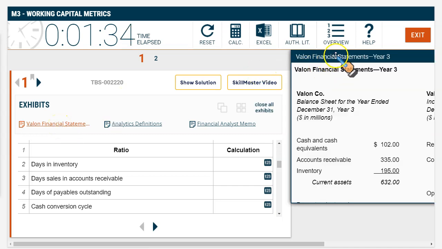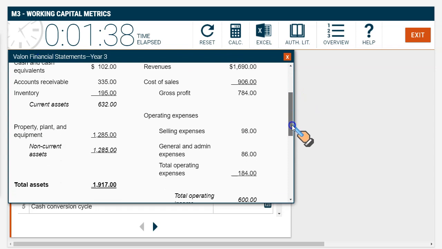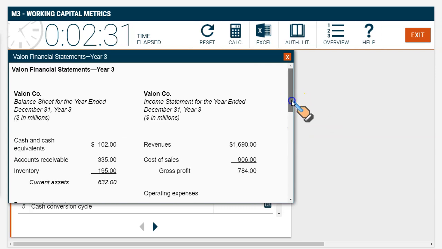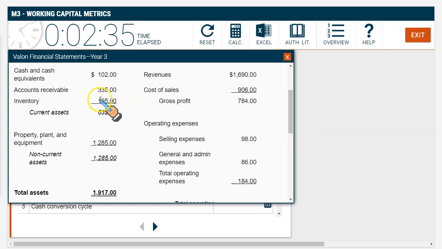So here it is. First we need to calculate the inventory turnover in days, and for that we need to first mark the inventory value, that's right here, and the CGS right here, and there you go. You're going to divide 195, that's your inventory, by the CGS and multiply it by 365.